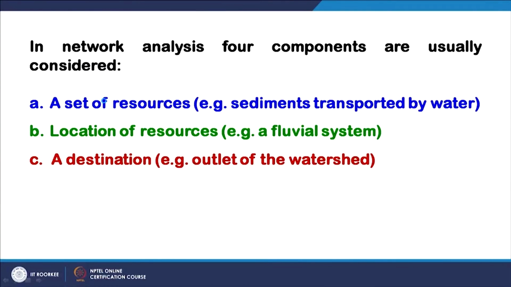So, I would know from where to where the water will flow along with sediments. And then the third one is the destination, that is the outlet, for example, of a watershed, if we are thinking in terms of a natural drainage system.